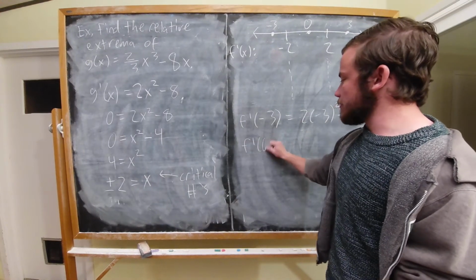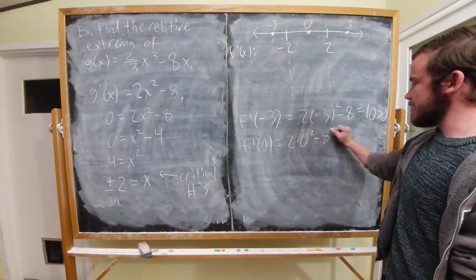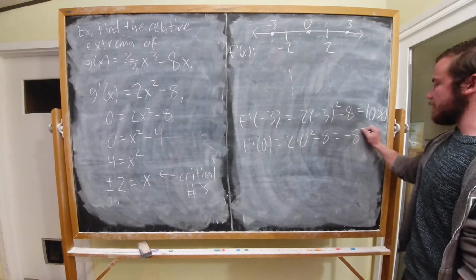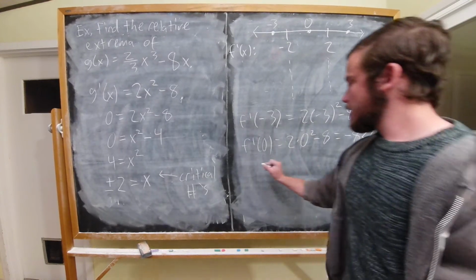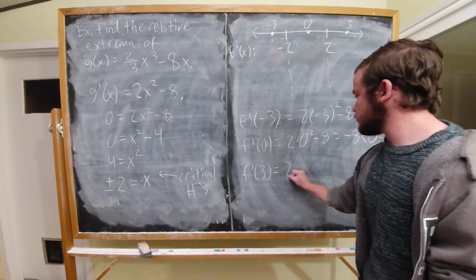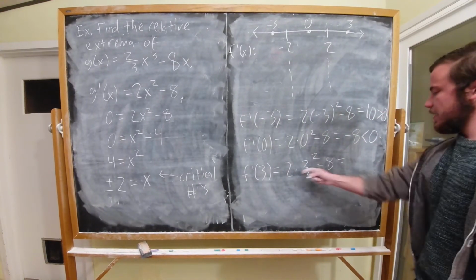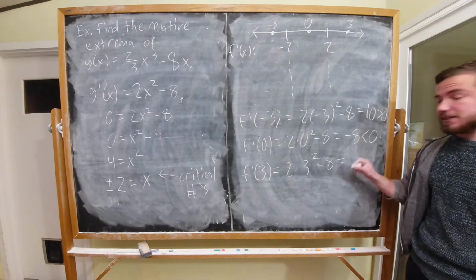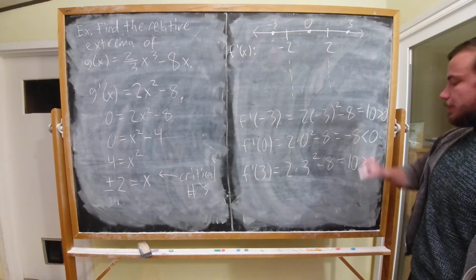F prime of 0 is 2 times 0 squared minus 8. 0 minus 8, -8, less than 0. And then f prime of +3 is 2 times 3 squared minus 8. Again, 18 minus 8, 10, strictly greater than 0.